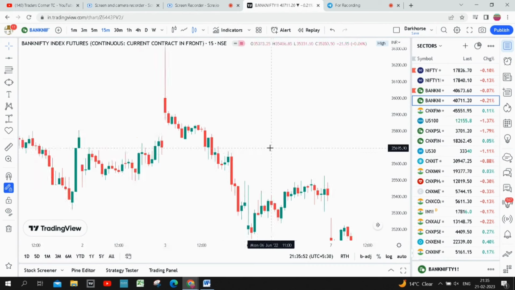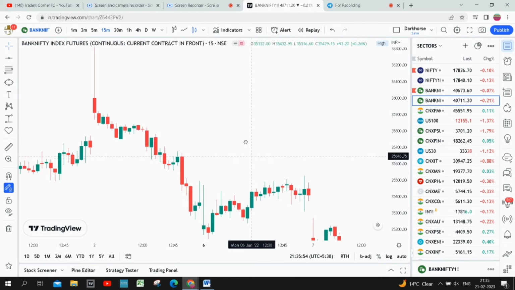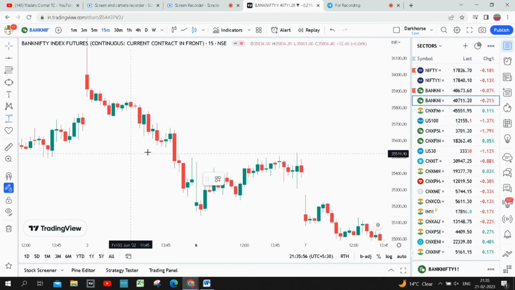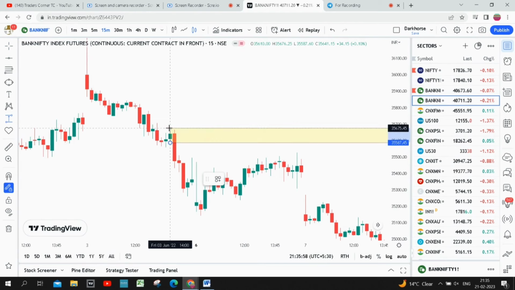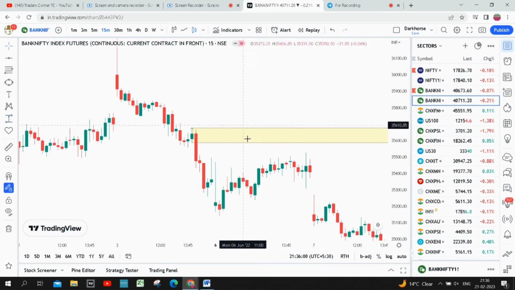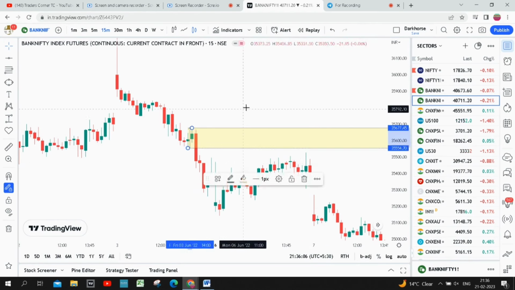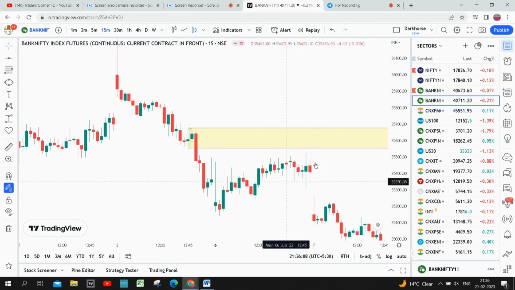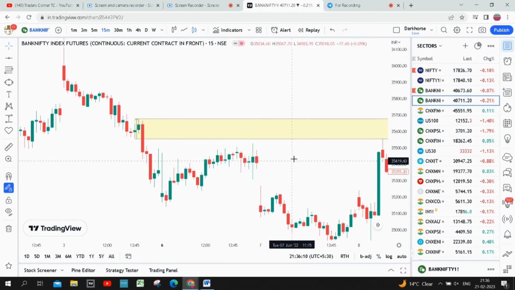So over here, what I have told you, identify a big red candle for a downtrend. So whenever price comes and touches this area in the future, for sure there will be a rejection and one can go for a sell trade over here.